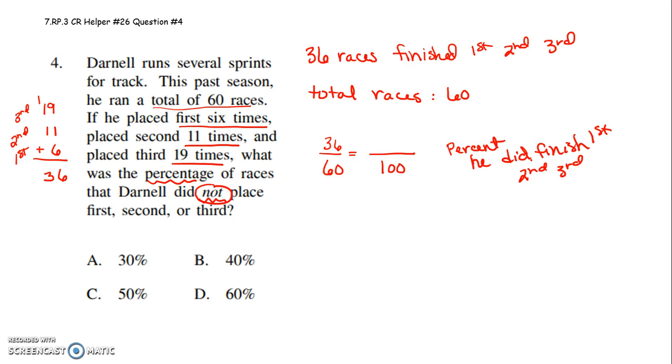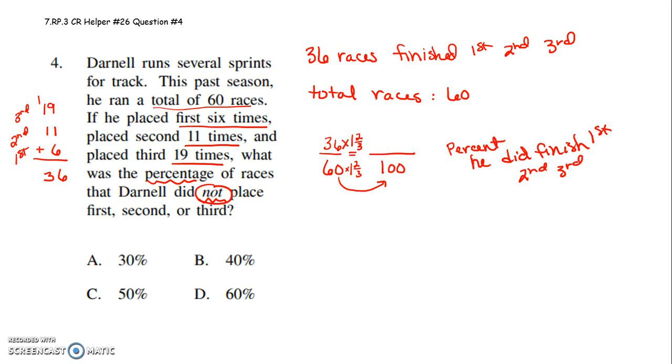So 100 divided by 60 is 1 2/3. To get from 60 to 100, you have to multiply by 1 2/3, which means you'll have to multiply 36 by 1 2/3.